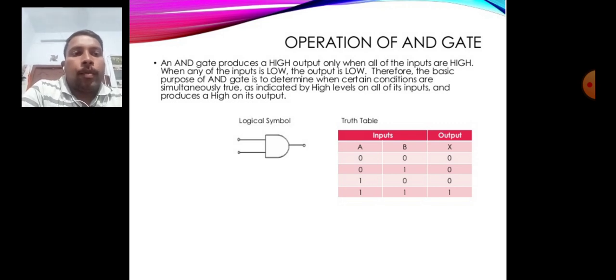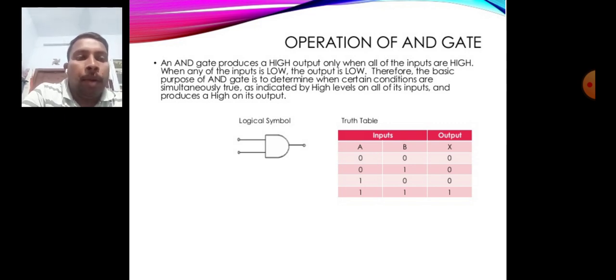When one of the inputs is low and the second input is high, that is 1, the output is also 0, that means low. Now A is 1, that means high, and B is 0, low. One input is high and the other is low, but the output is low.